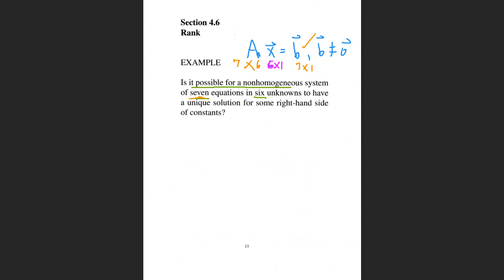Okay, so again, we have to think about our rank theorem. A has at most how many pivot columns or pivot positions?